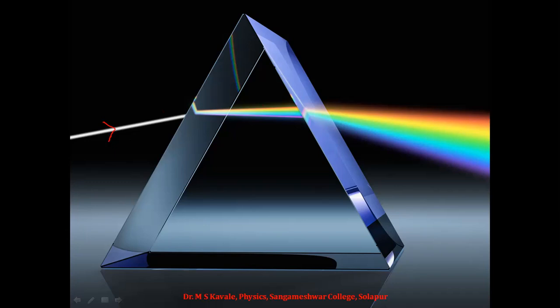It means the white light, which is incident from the left-hand side of the prism, is getting separated into its constituent colors, from red to violet. So this is the actual dispersion of white light due to the second medium, that is the medium of the prism.